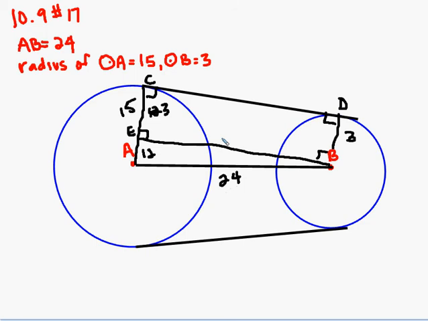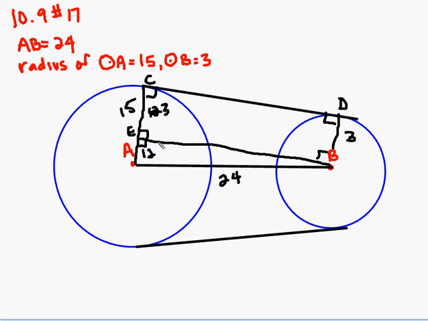Now, oddly enough, this is looking like one of my special families of right triangles. I've got one side that's half the length of the hypotenuse. So we know AB is the hypotenuse, and EB is one of the legs, and EA is the other leg. So I have a 12-24 triangle.